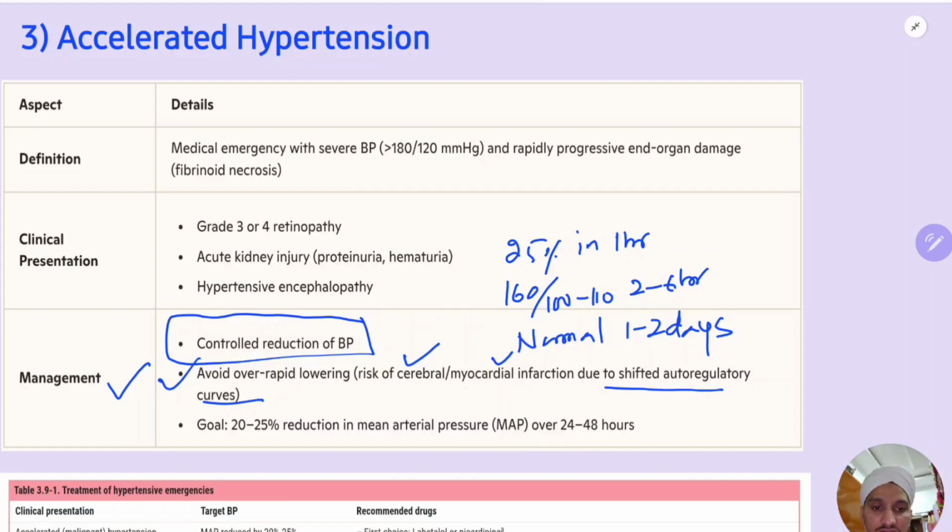When you bring it down to less than 160, the protective mechanisms will think that BP is going low and that they need to supply more blood to the vital tissues. So they will vasoconstrict, which causes decreased blood flow to these vital organs. By that mechanism they cause ischemia.